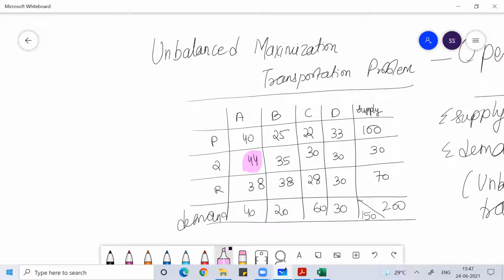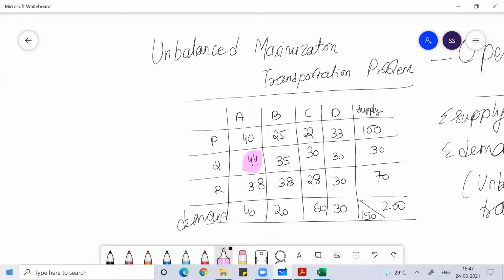In order to solve this problem, you need to convert this maximal matrix problem into a minimal matrix problem. How will you convert it?